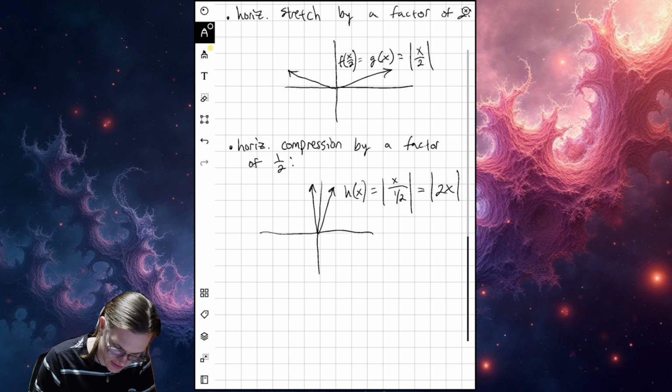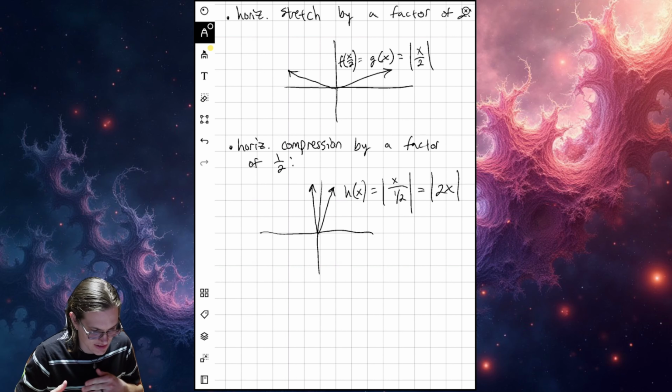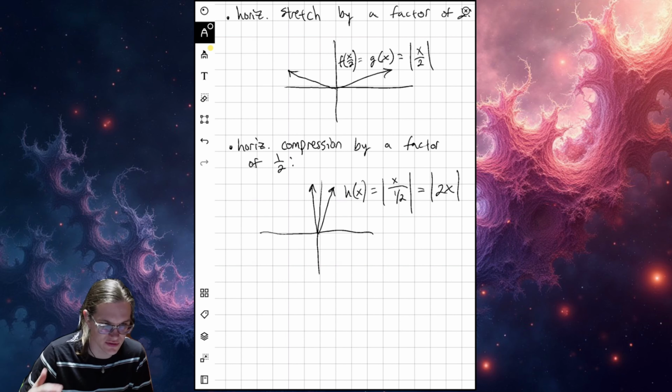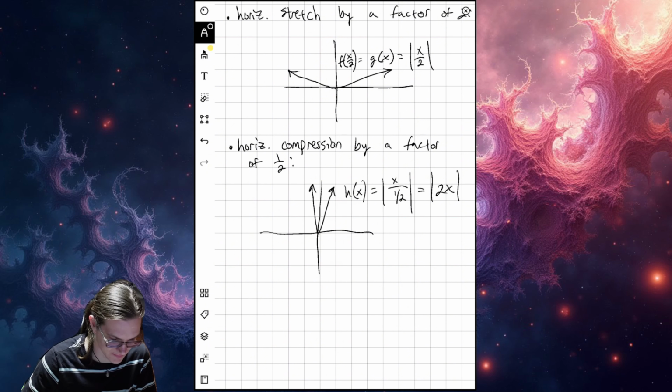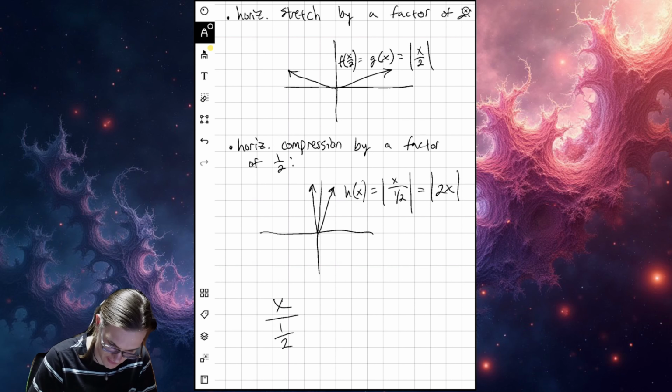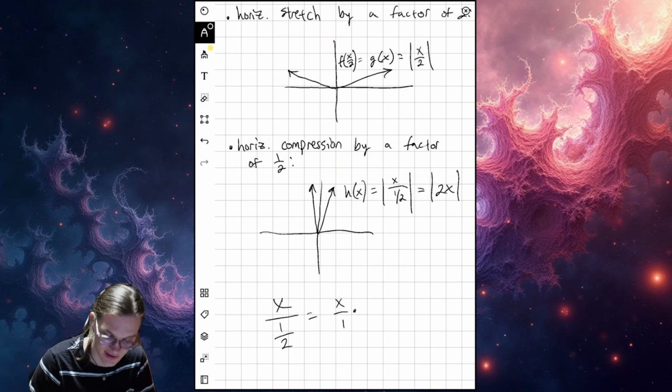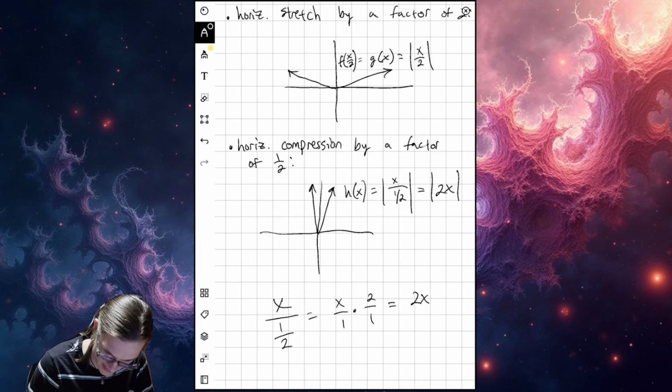So that part is a little weird to think about, but the idea is just that if you're stretching something horizontally by a factor of 2, what you're doing is dividing x by 2 or replacing x by x over 2. And if you're doing a horizontal compression by a factor of 1/2, then you're dividing x by 1/2 or replacing x with x over 1/2, which turns out to be the same as x over 1 times this upside down, which is 2 over 1, which is the same as 2x.